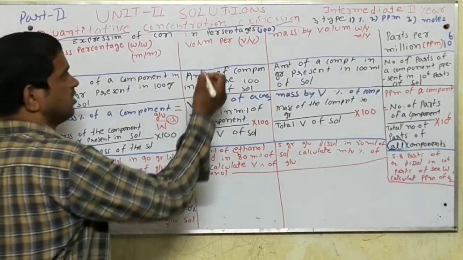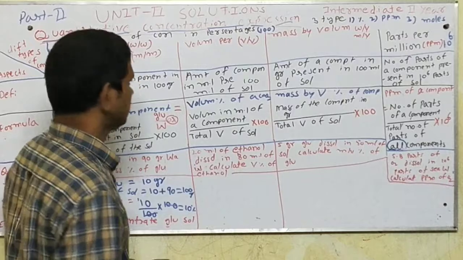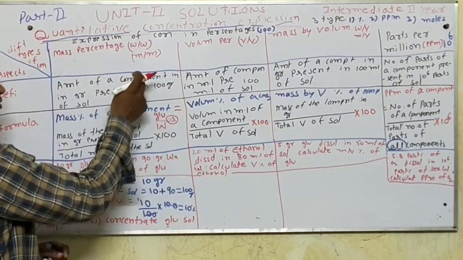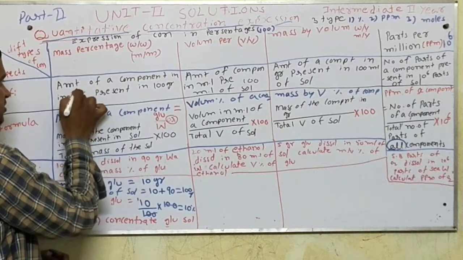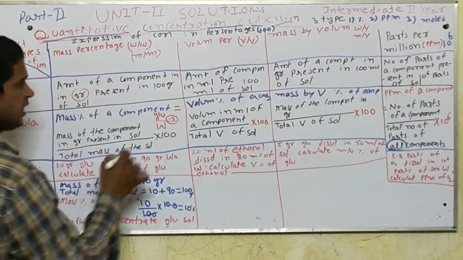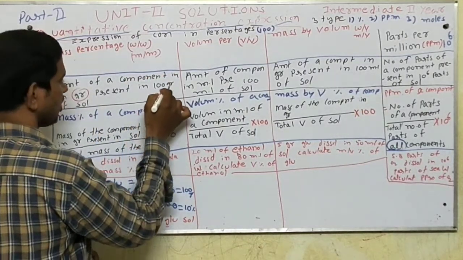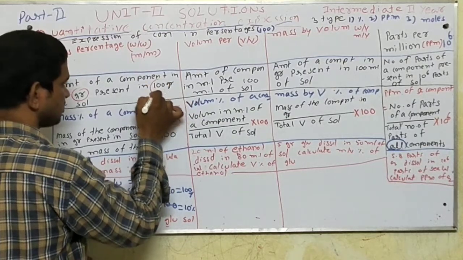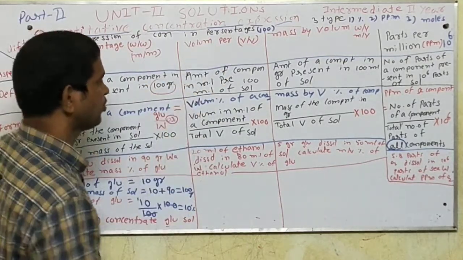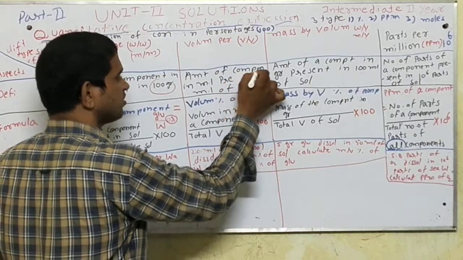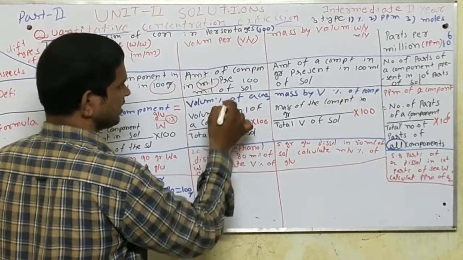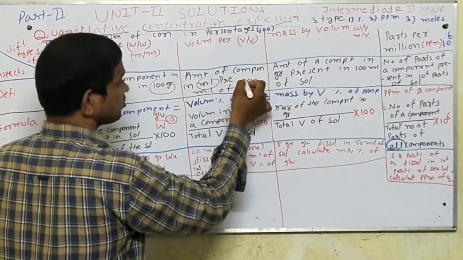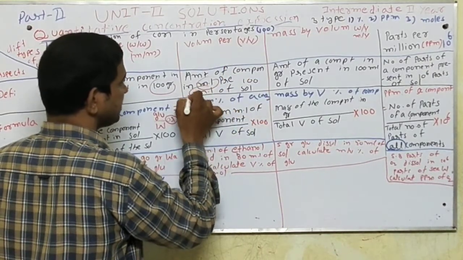Second, volume percentage. In the first case we expressed the amount of the component in grams, and we expressed the total amount of the solution also in grams. In this case, we have to express the amount of a component in milliliters, and the amount of solution also in milliliters.